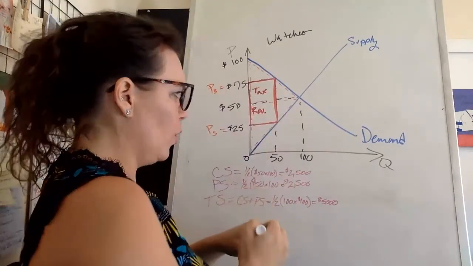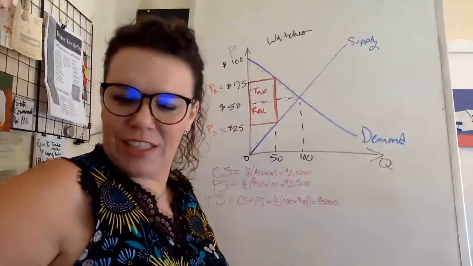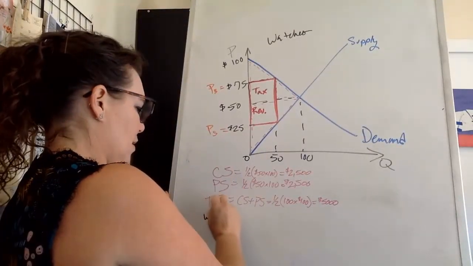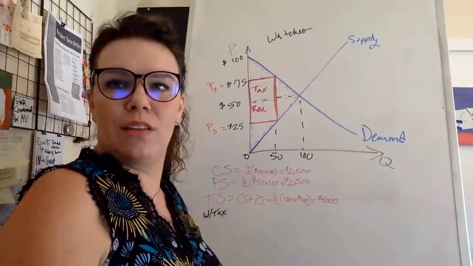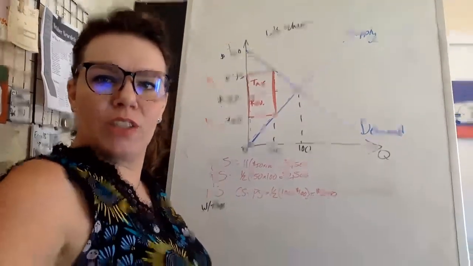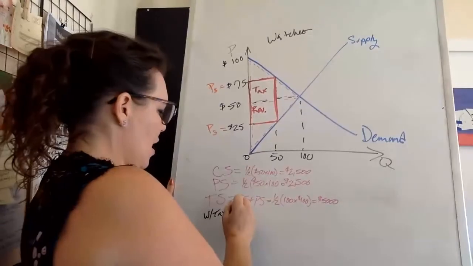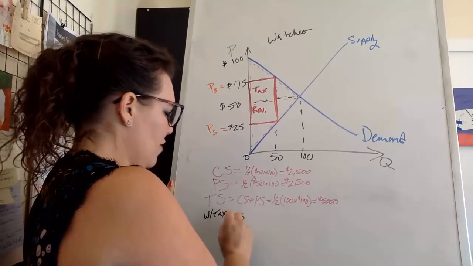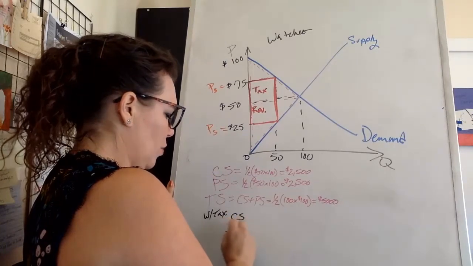So if we want to calculate the welfare effects again, now that we have a tax, we can do that. There we go. We now have a consumer surplus, a producer surplus, we also have tax revenue and total surplus.